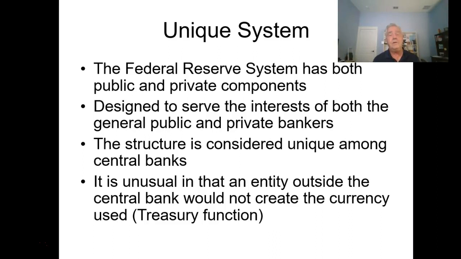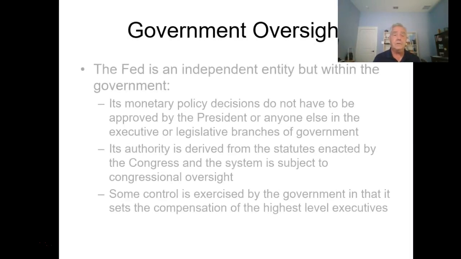So what happens is the chairman of the Federal Reserve, in this case today it's Janet Yellen, goes to Congress before the Banking Committee and submits her latest report on the goings on of the Federal Reserve and what they see going to happen in the economy. They do not report to any government entity, any government department, other than they are responsible to the Congress of the United States. All right, government oversight.